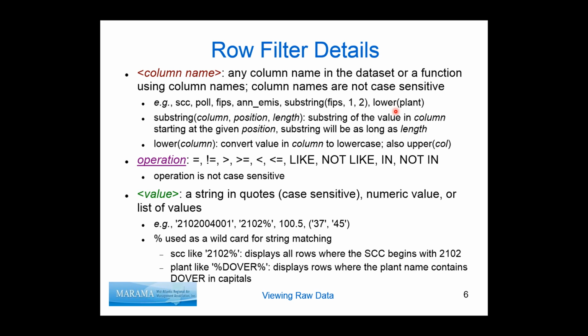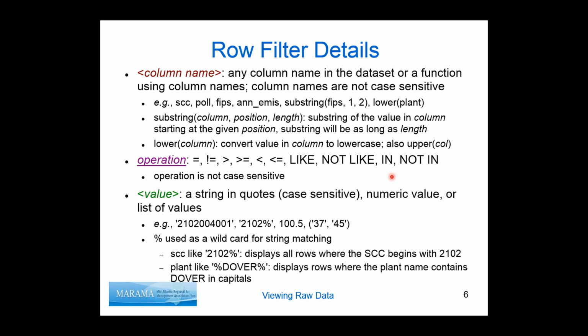I thought, what if you've got some data that is capitalized and some that isn't? How would you match it up? You can use the lower function to convert everything to lowercase, so you wouldn't have to worry about it. There's also a corresponding upper function, which converts the column to uppercase.